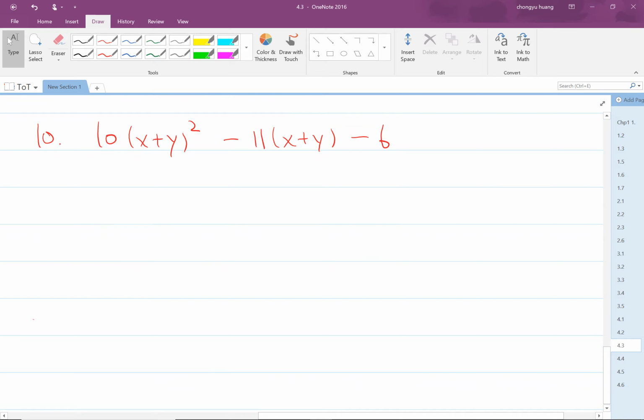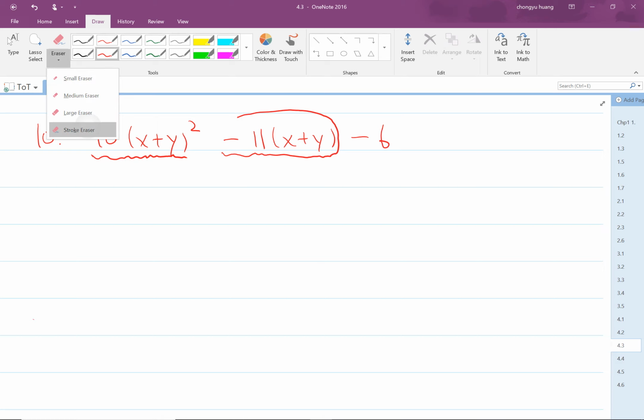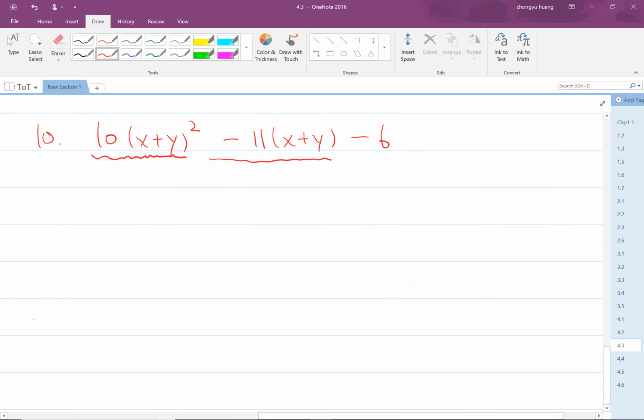You can see the first term we have over here is 10(x plus y) squared, right? And then the middle term we have is negative 11(x plus y), and then we have a coefficient, a number, negative 6. So you should know that.